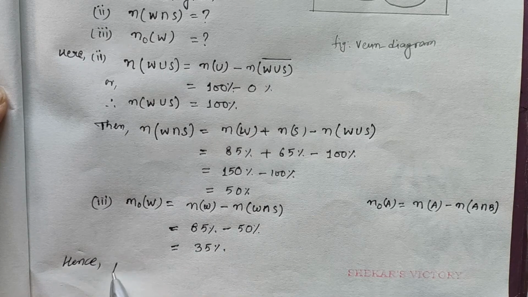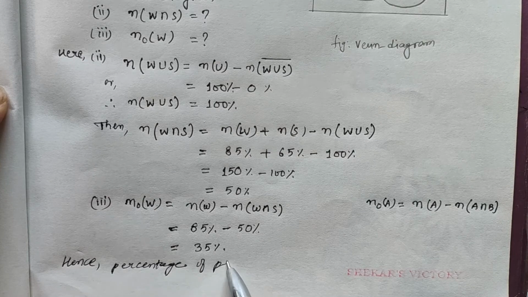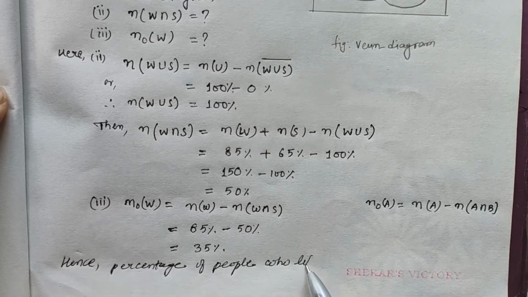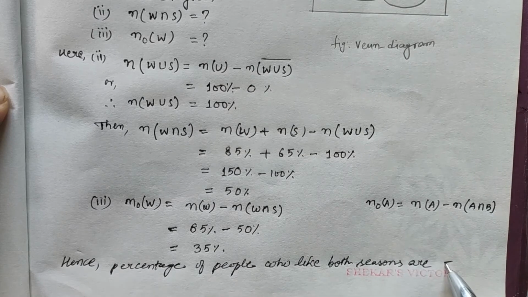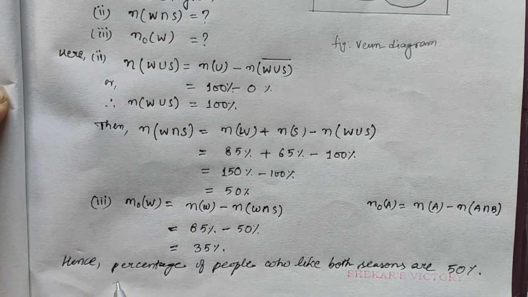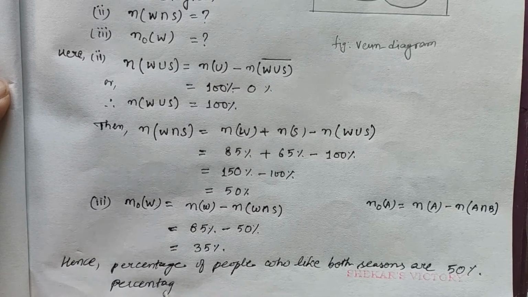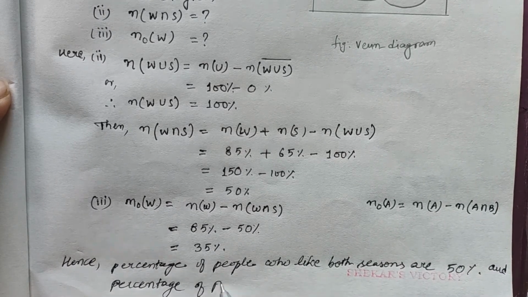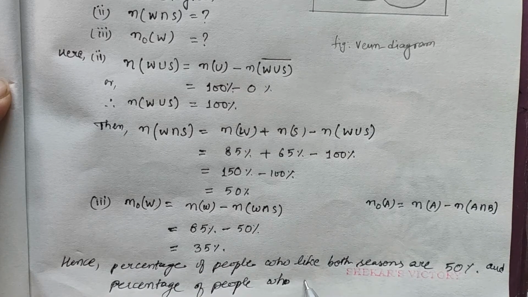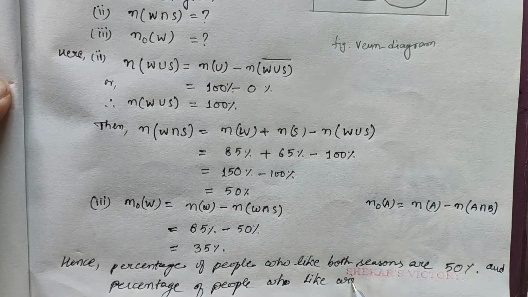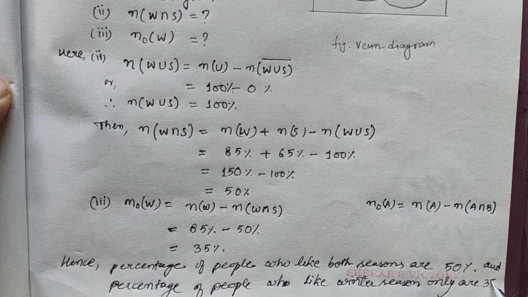So the percentage of people who like both seasons is 50%, and the percentage of people who like winter season only is 35%.